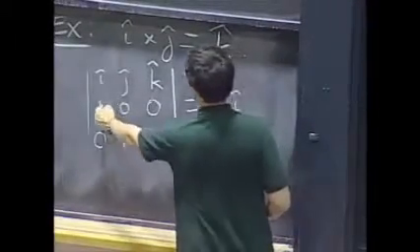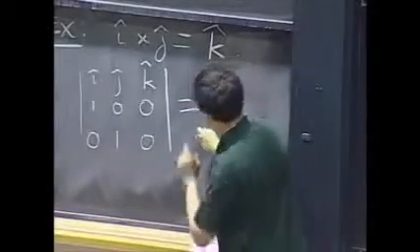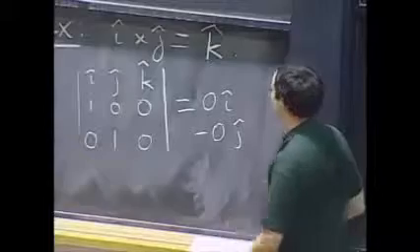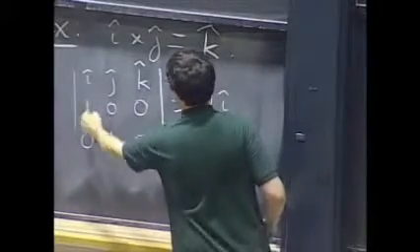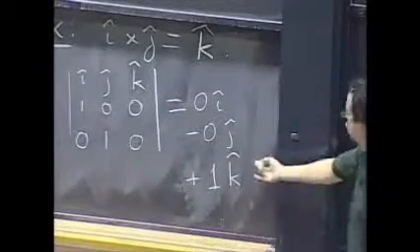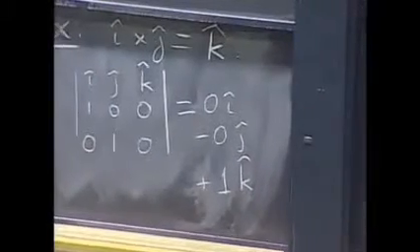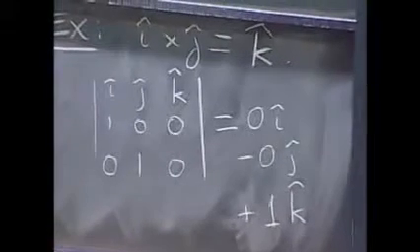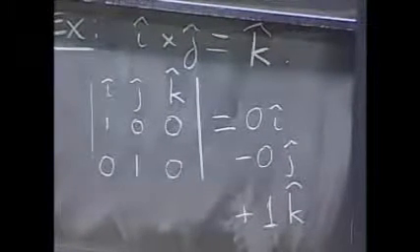Coefficient of j will be 1 times 0 minus 0 times 0, that's 0, minus 0j, doesn't matter, but. And the coefficient of k will be 1 times 1, that's 1, minus 0 times 0, so 1k. Okay? So we do get I cross j equals k both ways. In this case, it's easier to do geometrically. If I give you more complicated vectors, probably you will actually want to do the calculation.